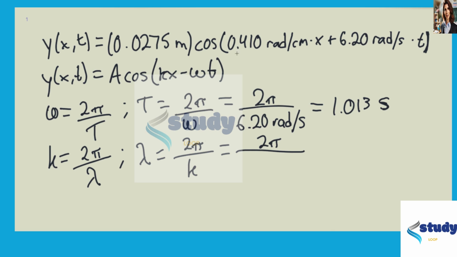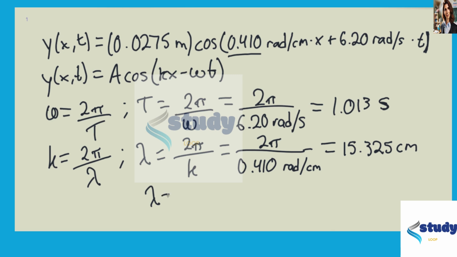K, we're getting it from the equation. It's going to be this variable right here, so 0.410 radians per centimeter. And then, of course, the wavelength is going to be 15.325 centimeters. Or we can say the wavelength is equal to 0.15325 meters.